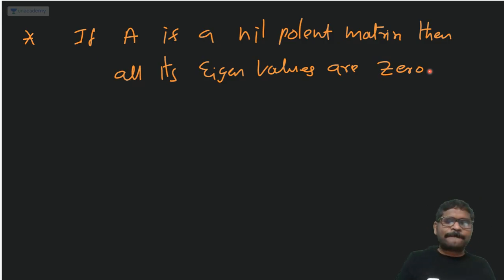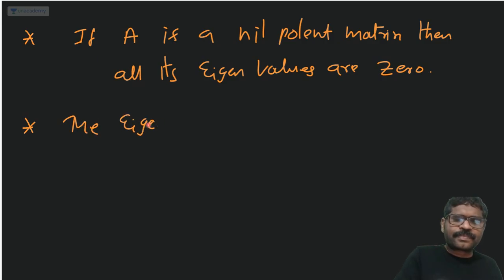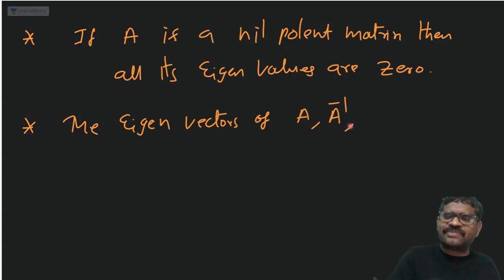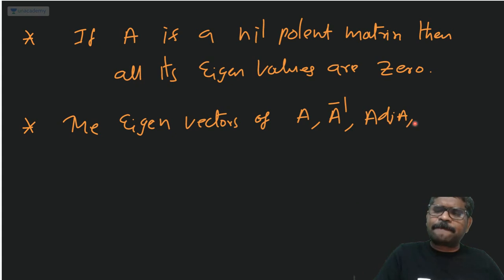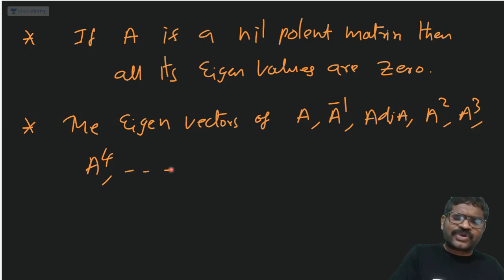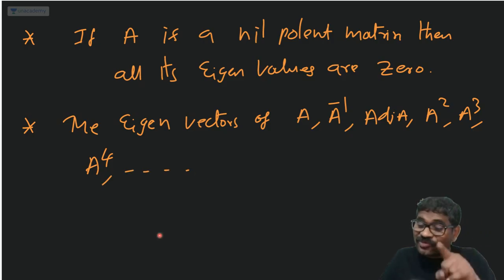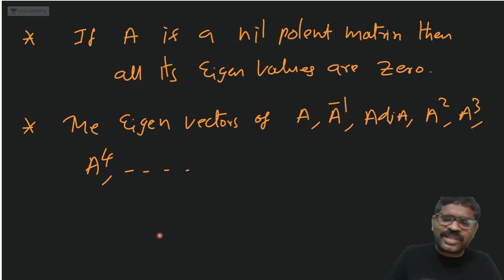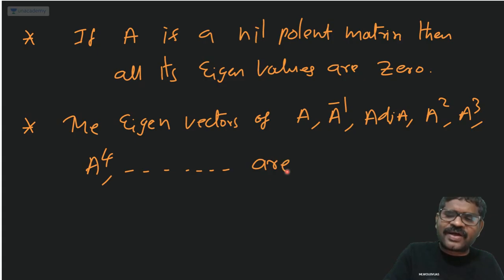Next property. The eigenvectors of A inverse, adjoint A, A square, A cube, A power 4, and so on are always the same.